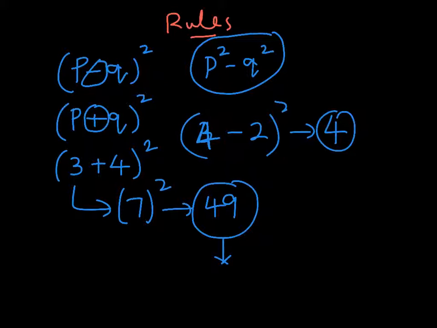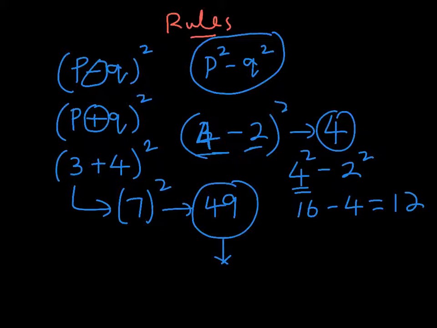But let's now see the difference between these and the difference of squares. For the difference of squares, instead of it being within a bracket, it's going to be 4 squared minus 2 squared. What is 4 squared? That is 16. What is 2 squared? That is 4. The difference of the two is 12.